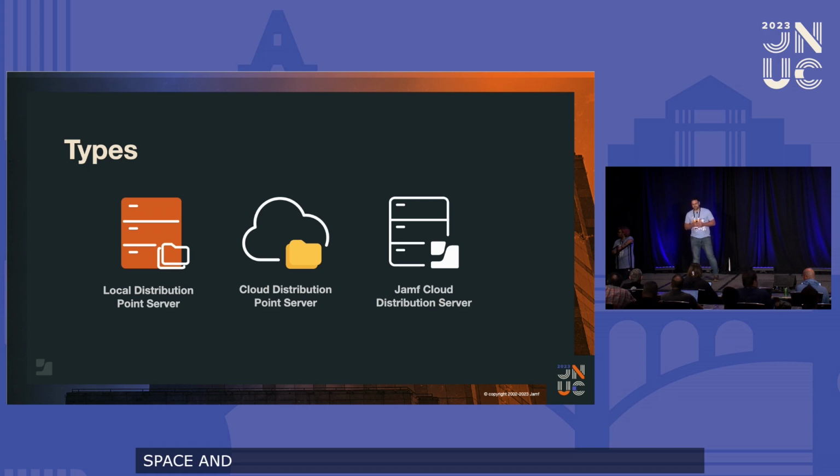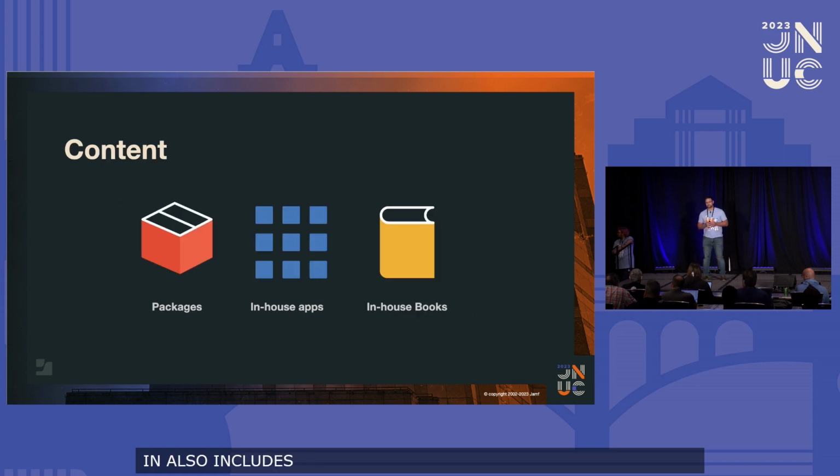The third option is Jamf's own cloud distribution service, and one that we offer for our Jamf Cloud hosted customers. And then lastly, a distribution point can be used in combination with or in place of a locally hosted file share distribution point, and this also includes the JCDS.